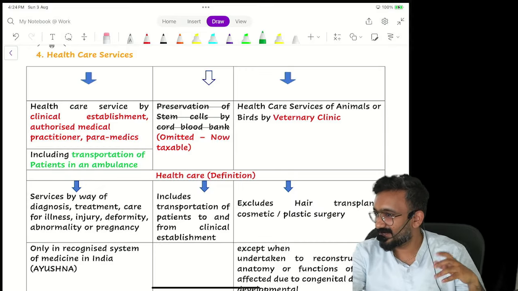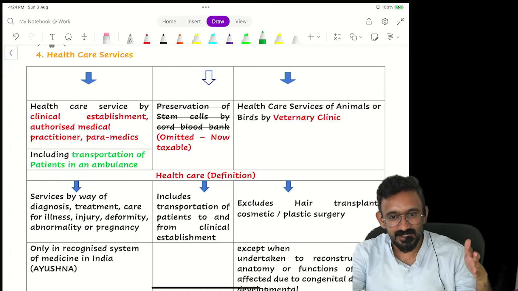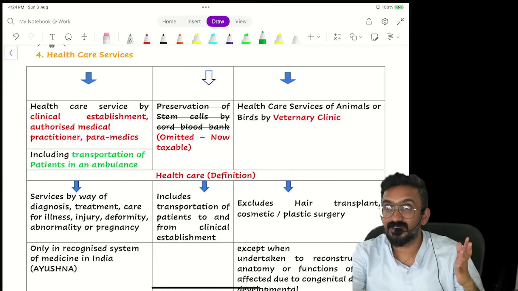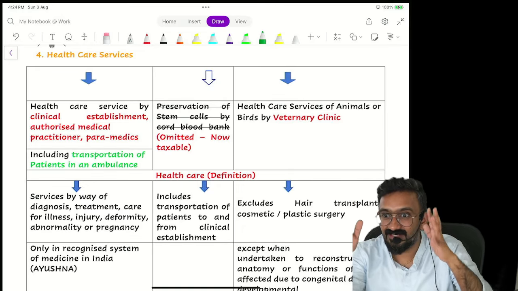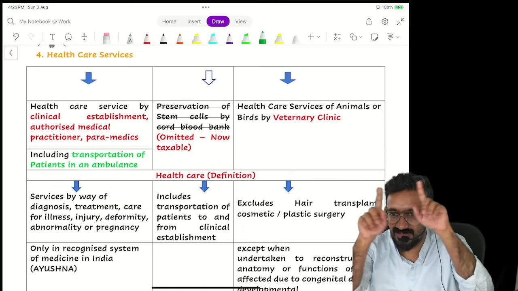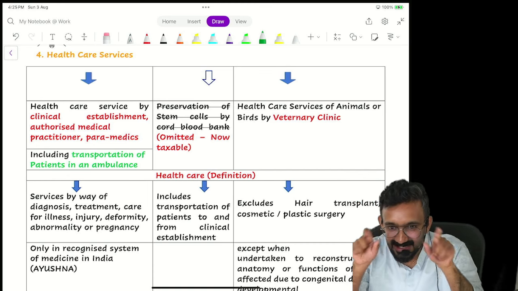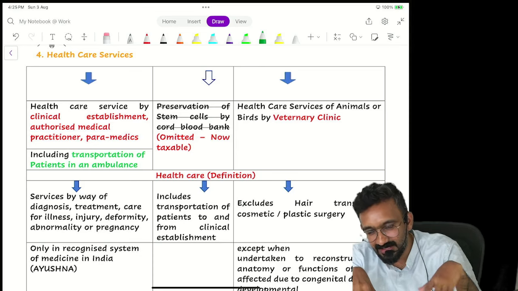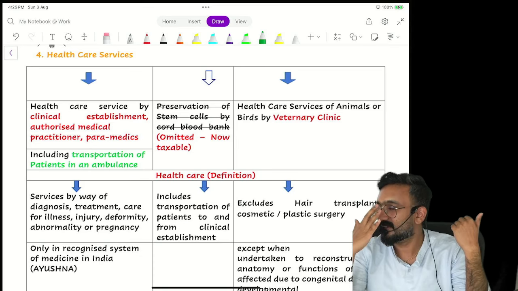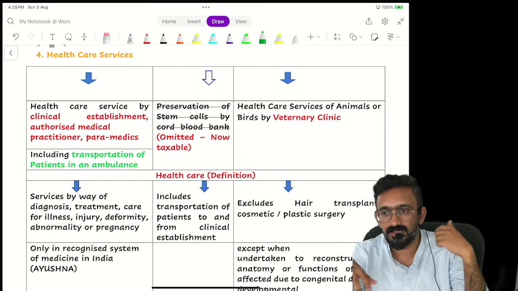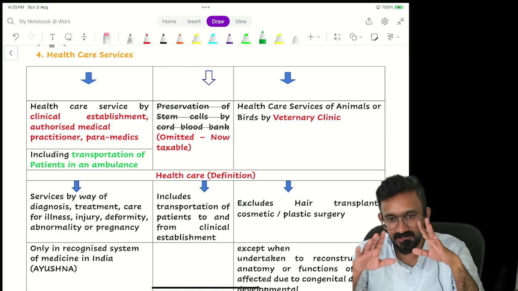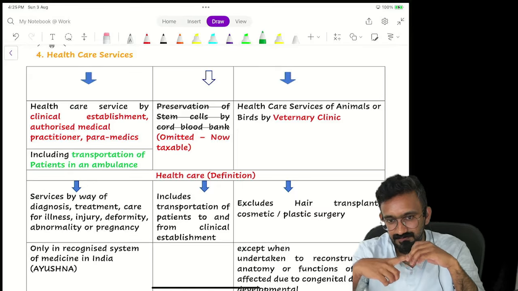That's why, after actors join the industry, after 5 years everybody looks the same. They go to the same doctor. Okay, your face should be like this, lips should be like this. They draw all of this and then put it on with injections and stuff like that. All of them are taxable. They have to pay GST also. Beautification, hair transplant, okay.